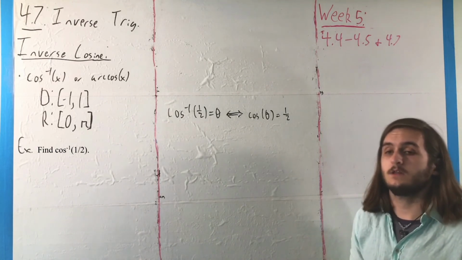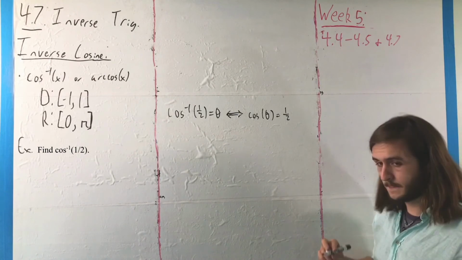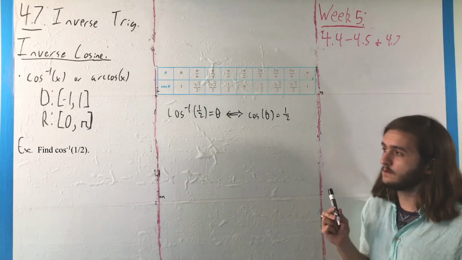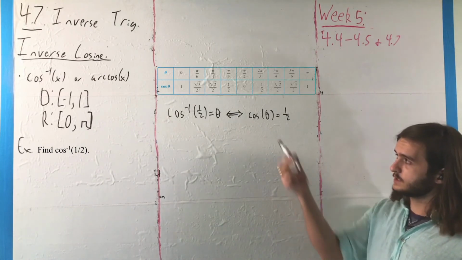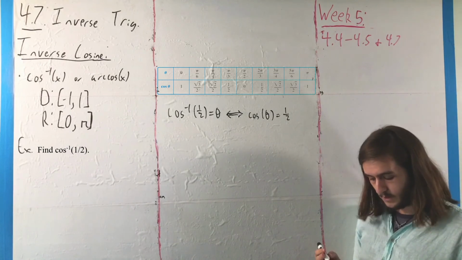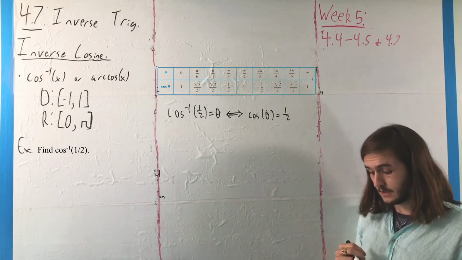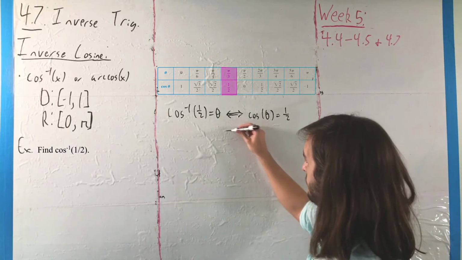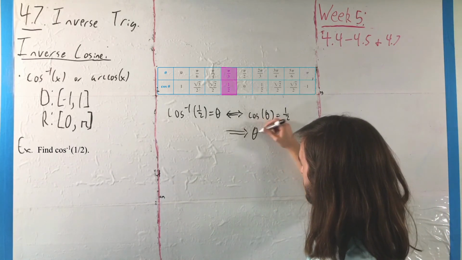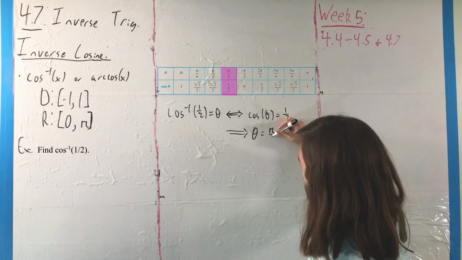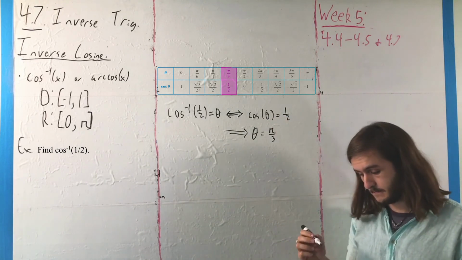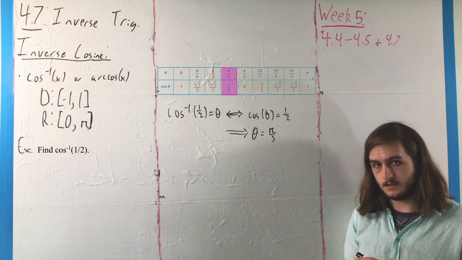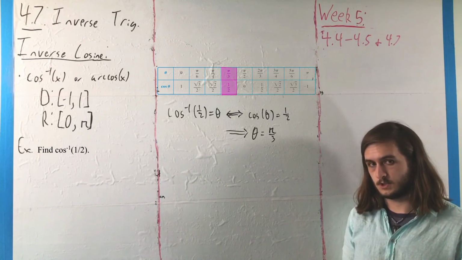That's the defining relationship of our inverse, where on the interval from 0 to pi, cosine only ends up hitting 1/2 at a single point. That is, theta must be pi over 3 by design for our inverse function.